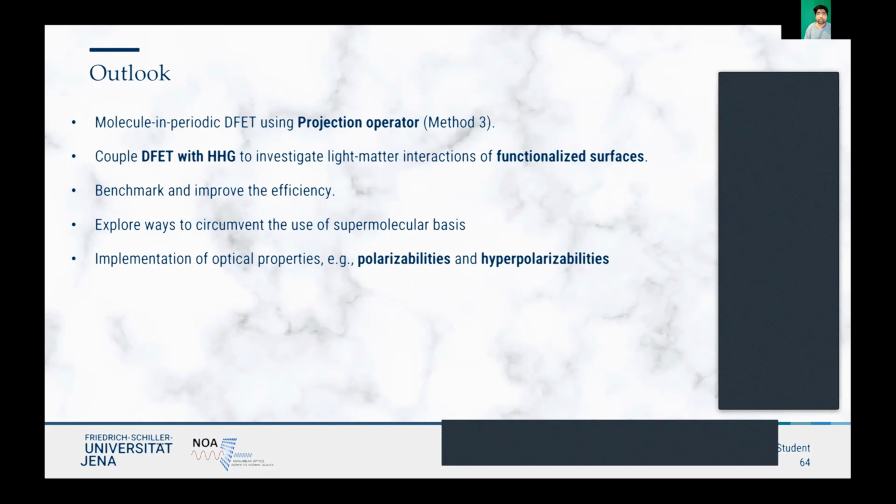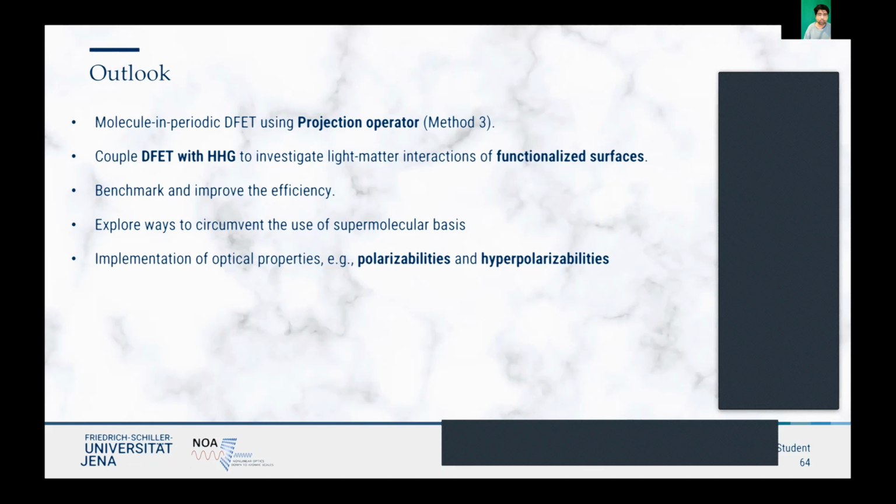And then I would like to couple the FET with high harmonic generation simulations, because that is related to the aim of my PhD project, and benchmark and improve the efficiency of this code, because right now it's in a very beta version state, and explore some ways to circumvent the use of supermolecular bases, because there have been studies about using truncated basis sets.